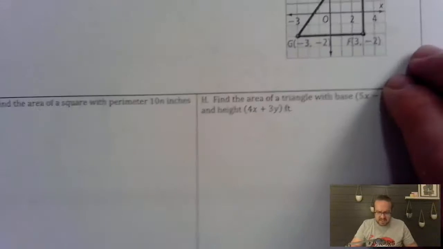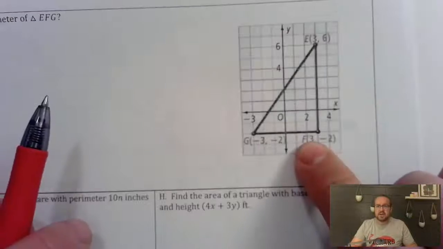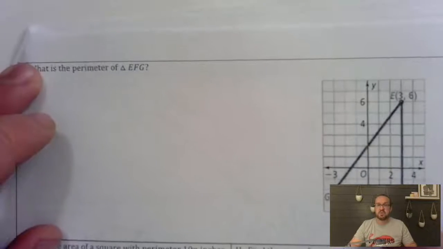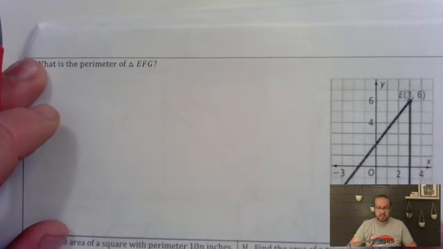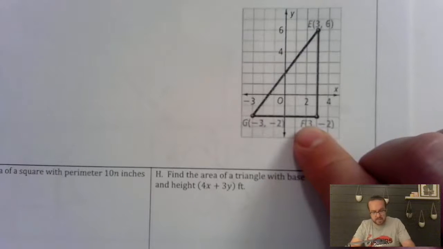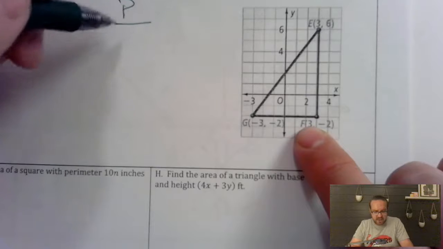One thing I want to see is being familiar with what a triangle or any shape really looks like on the graph. So we're looking for the perimeter of this shape. When we're looking at the perimeter, let's do green. We haven't done green here. Perimeter, we know that we just have to add up all sides.